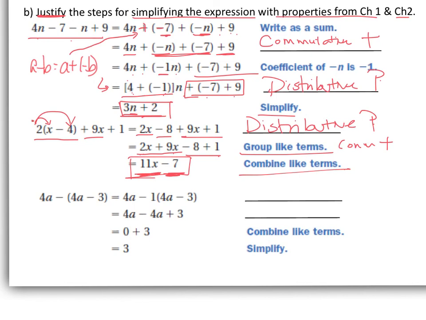In this next one, we do the same thing. We recopy 4a. We know that there's a coefficient of negative 1 before the difference of 4a minus 3. So we can distribute the negative 1 in to the difference of 4a minus 3. Okay, so by writing this 1 in here, we call this the identity property.